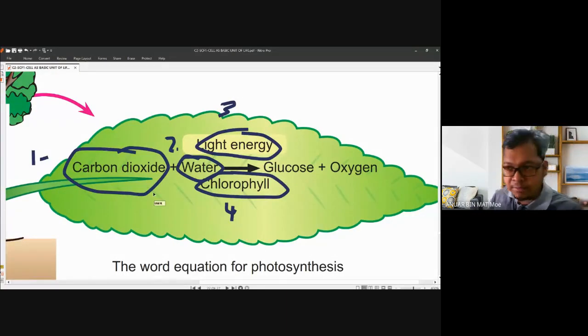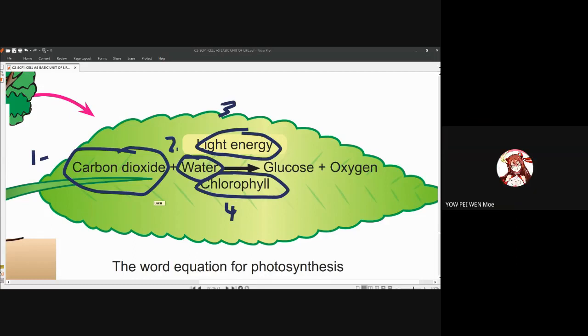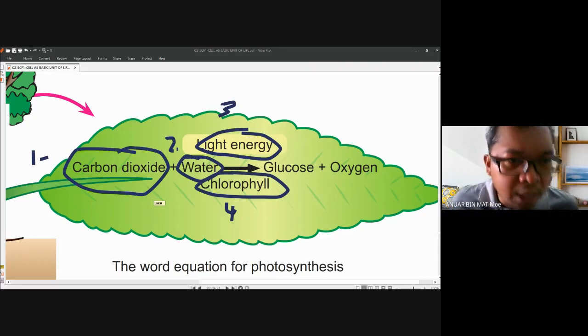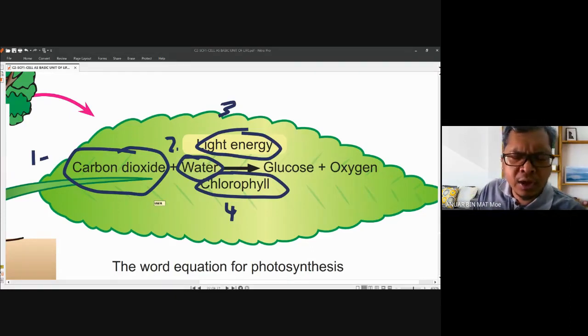Okay, again, just like respiration, where does the plant get the carbon dioxide? The plant gets the carbon dioxide from where? Yes? From the air. Very good. Okay, your answer is correct.